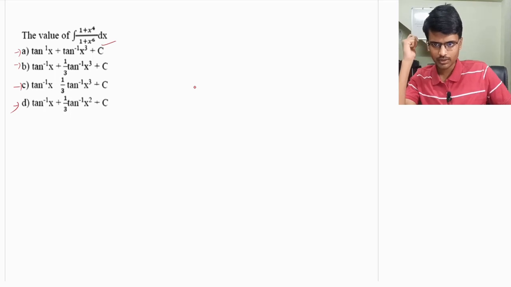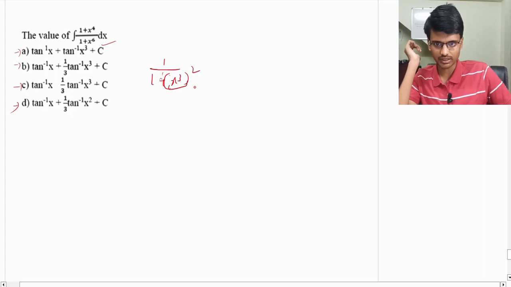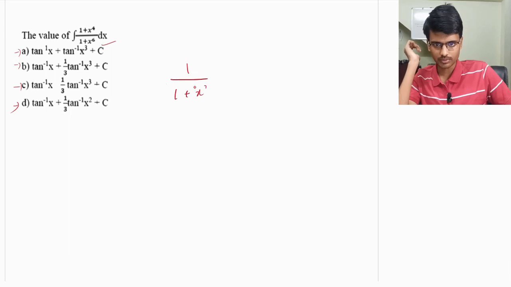Here I can observe one thing. In tan inverse x, if my denominator is something like this, then differentiation of x cube, I'm so sorry, this is just trial and error thinking. Using logic, I can write 1 by 1 plus x power 6 as 1 plus x cube whole square.